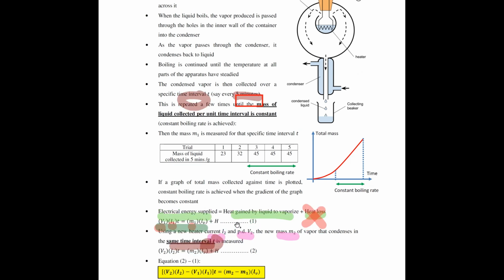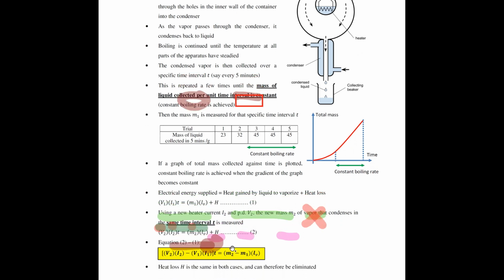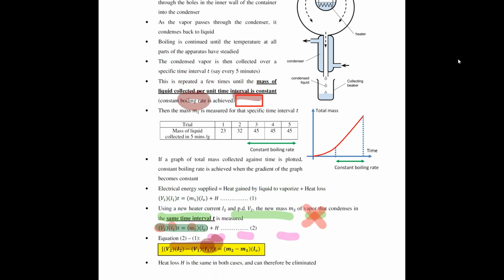So if you conduct it with a different power setting now, you again apply conservation of energy. Your energy equation should become V2 I2 t equals M2 Lv plus H. Okay, now you have two equations here. What you just need to do is take equation 2 minus equation 1.